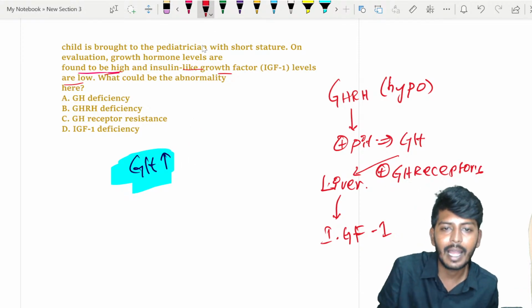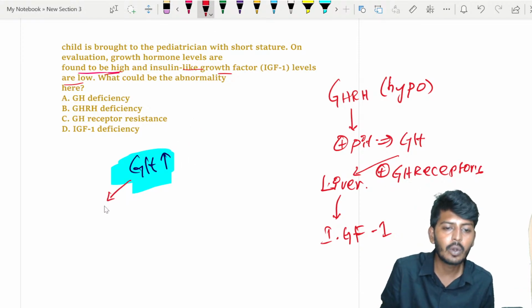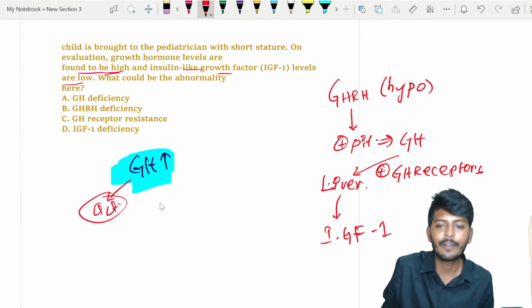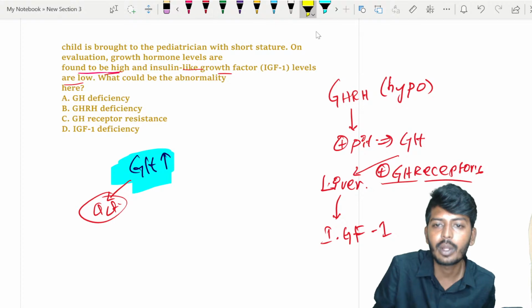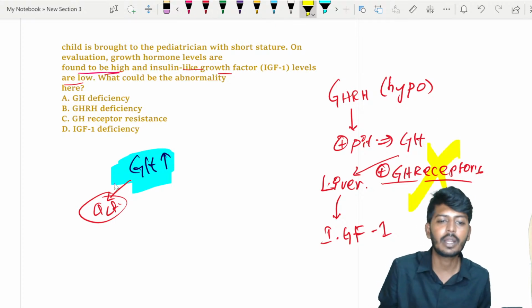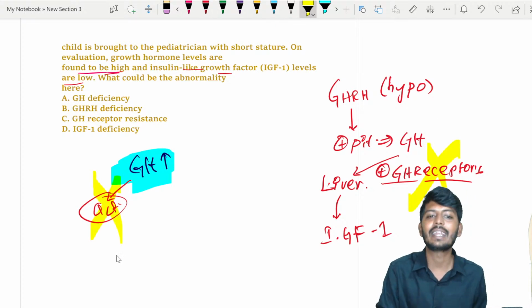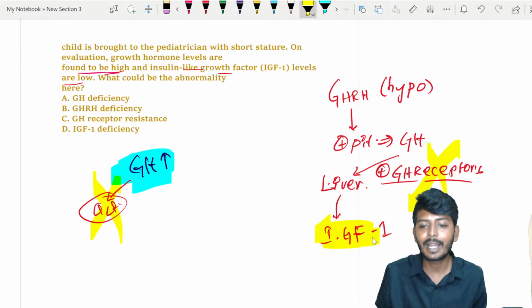Now growth hormone is high, but what is happening? It will go and act on the liver, on the growth hormone receptor. If growth hormone receptors are not working, growth hormone activity will not be there, and so insulin-like growth factor level will be reduced.